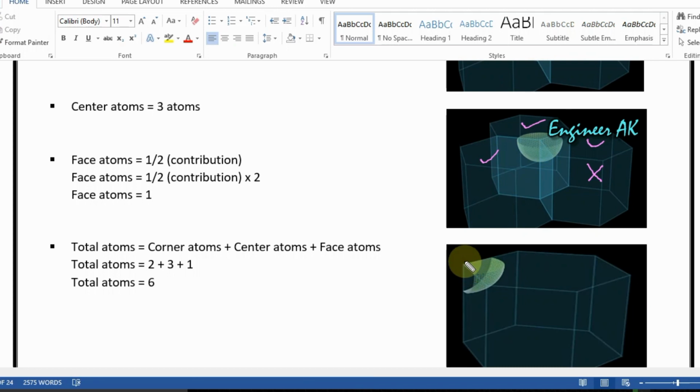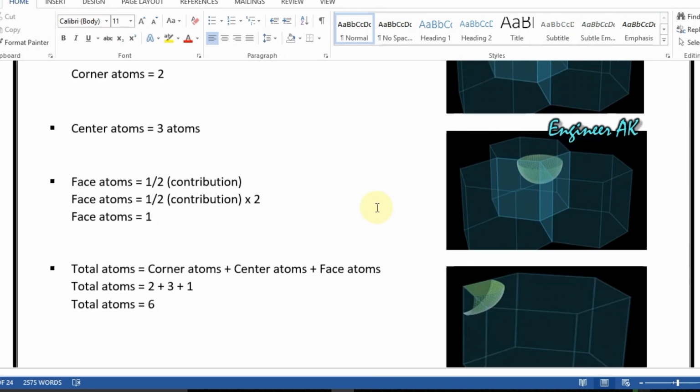So the atom here has a contribution of 1 over 6, right?